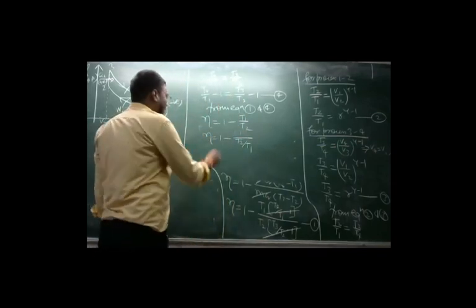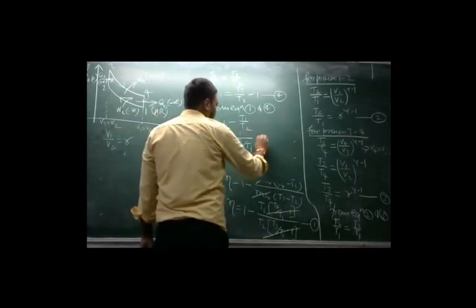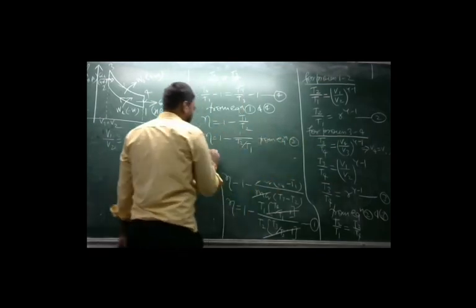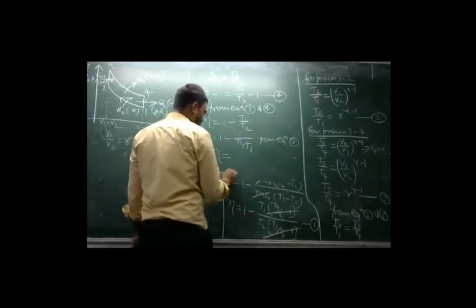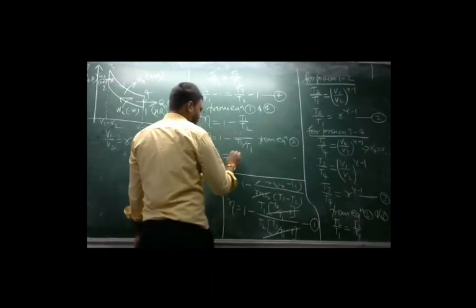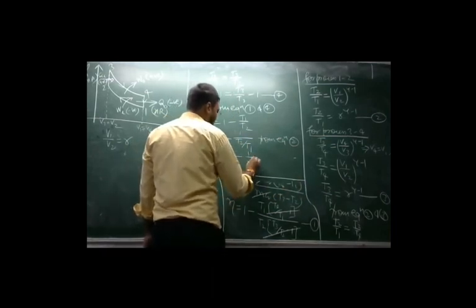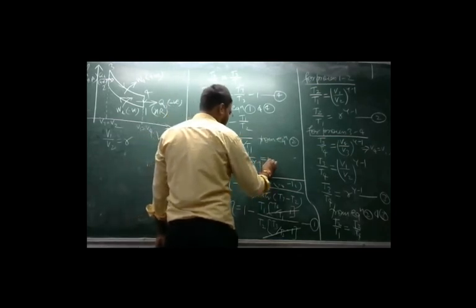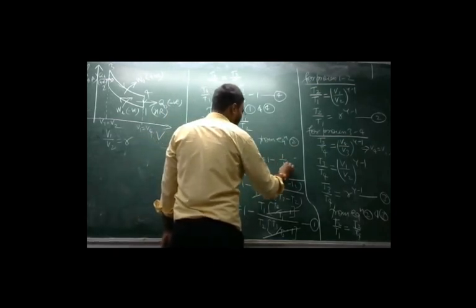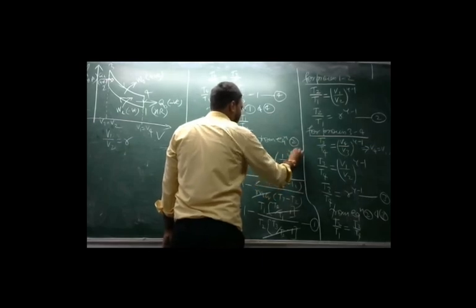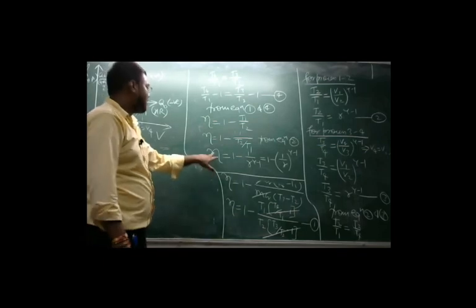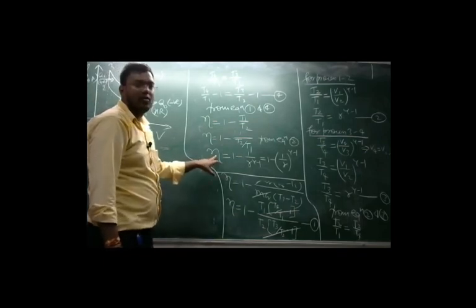So eta is equal to 1 minus 1 by r to the power gamma minus 1. So this is the expression for the efficiency of the ideal Otto cycle.